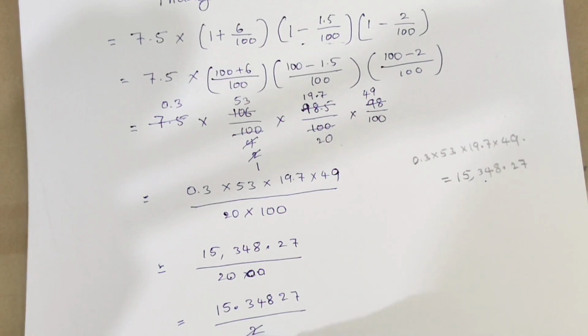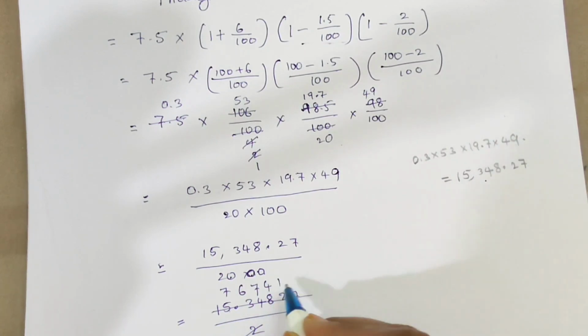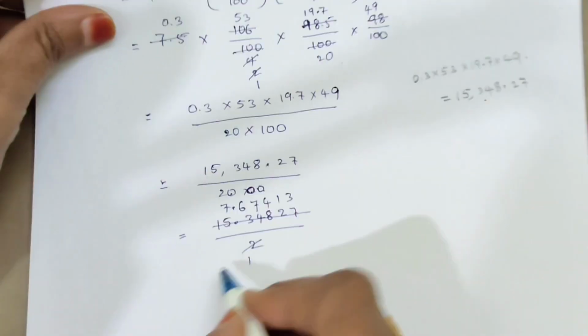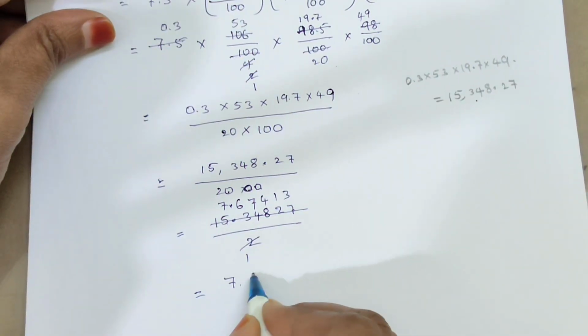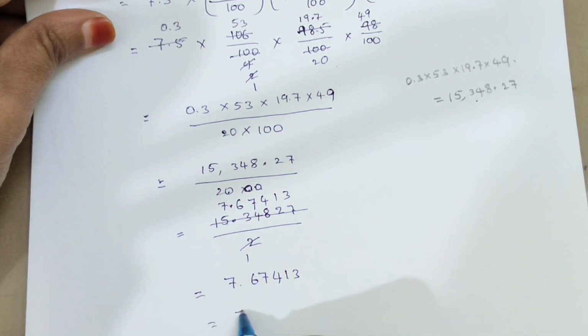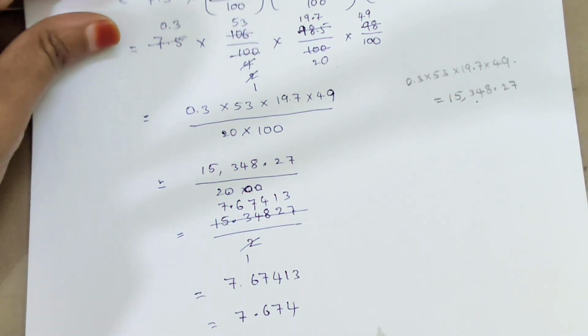Now here 2 ones are 2, 2 sevens are 14, 2 6s are 12, 2 sevens are 14, 4, 2 4s are 8, 2 1s are 2, 2 3s are here point. So final, here this one equal to 7.674. We write 3 digits enough. So final we write here 7.674 is the final answer.